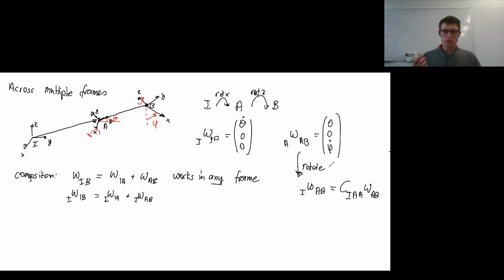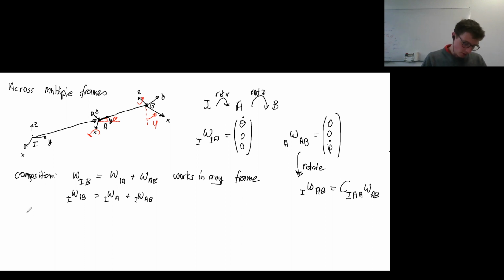So the entire angular velocity of frame B with respect to I is as simple as adding the individual angular velocities together and rotating them all into the correct frame, so you can do the plus operation.